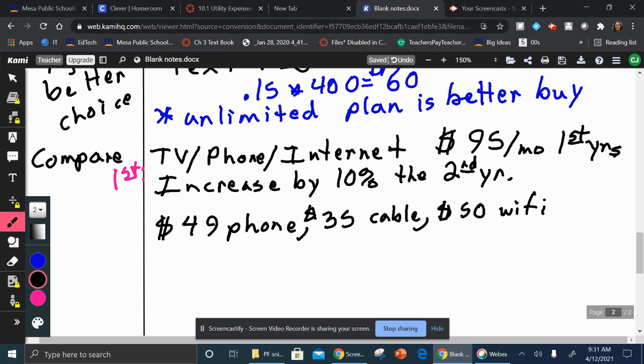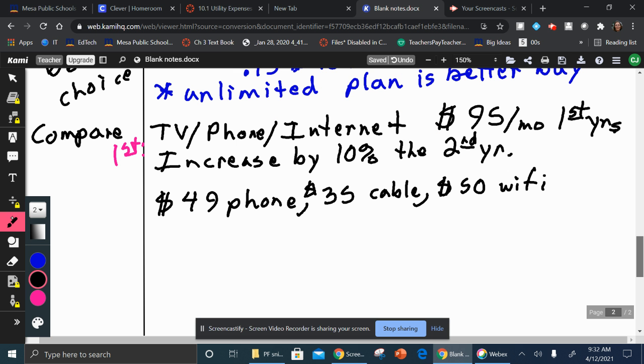So if we add all those together, we're looking at these two plans. So I add all these together: 49 plus 35 plus 50 is 134.